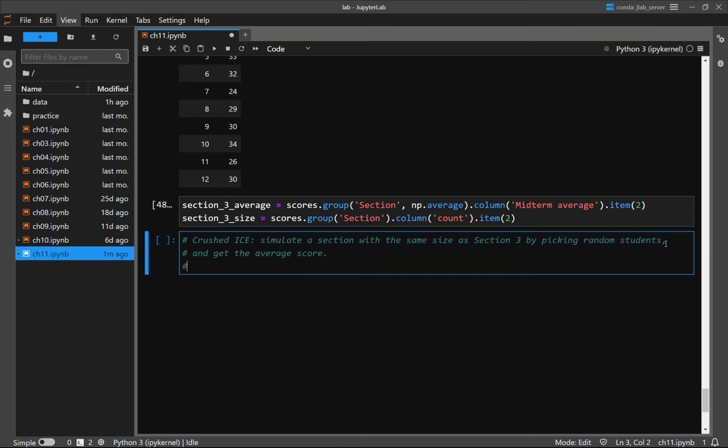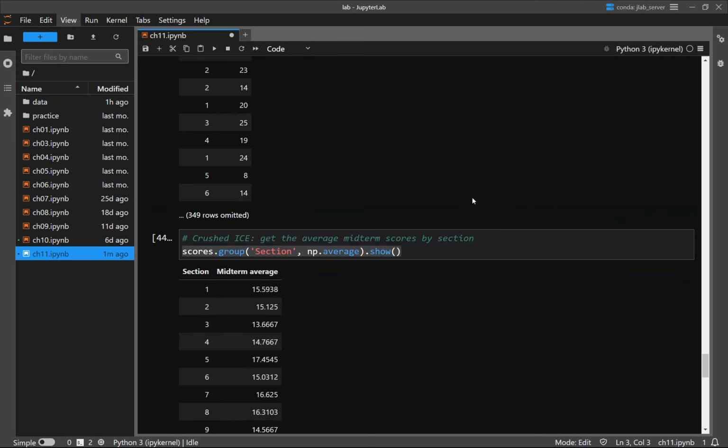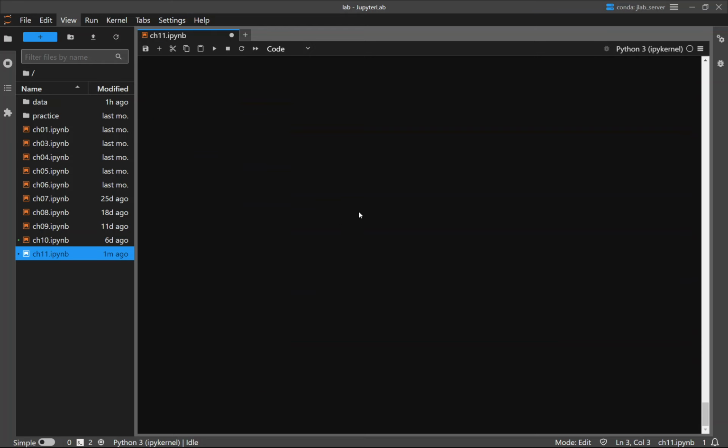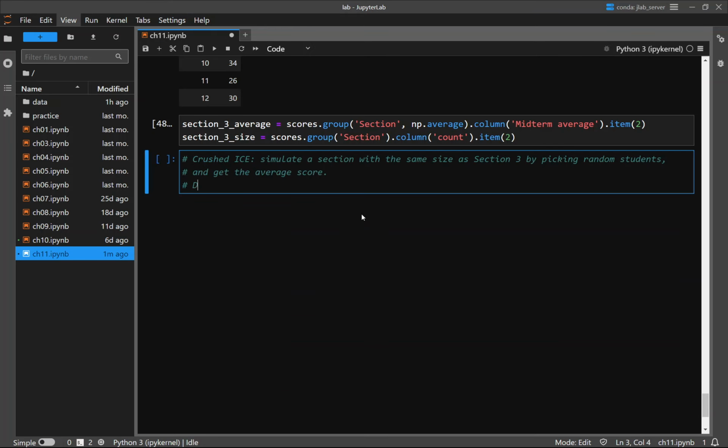You don't want to use all the students ever. You want to make a section with 27 different students. So when you're making your sample, don't duplicate them, because by default, there's a thing that you're going to need here, and it's going to duplicate them. So don't allow any students to be included multiple times, because that wouldn't have happened in real life.